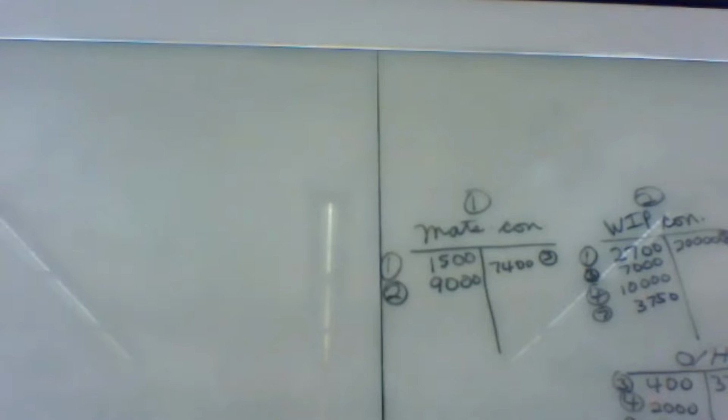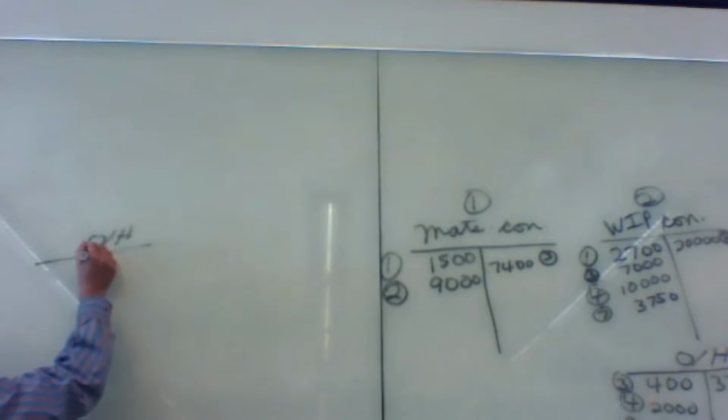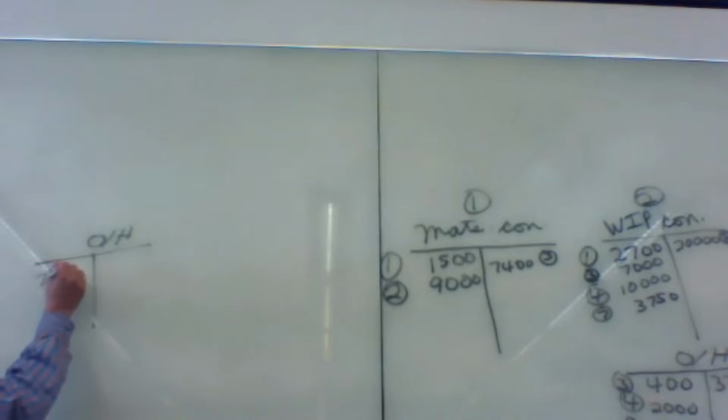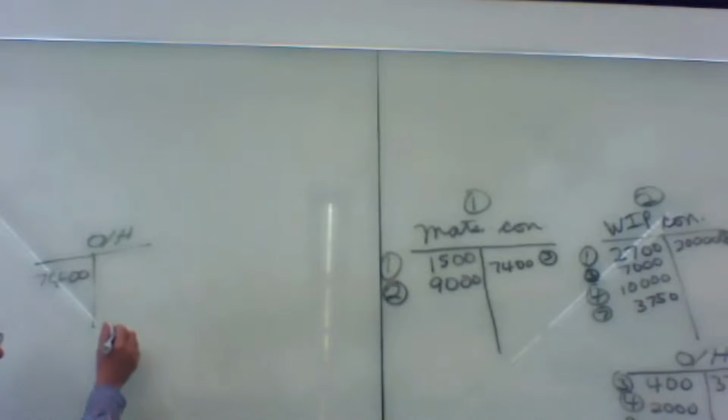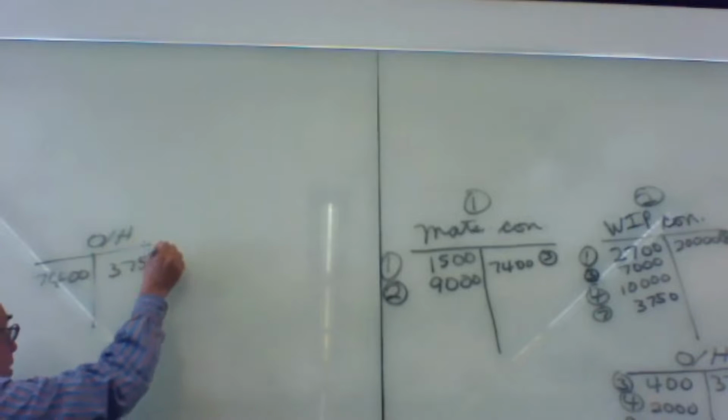So let's see what we have with this overhead account. I just reproduced this T account down over here. We have a total of 7,400 on the debit side, and we have a total of 3,750 on the credit side.